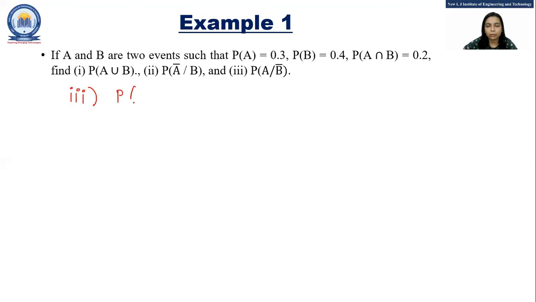is P of A by B bar, which is nothing but P of A intersect B bar upon P of B bar.